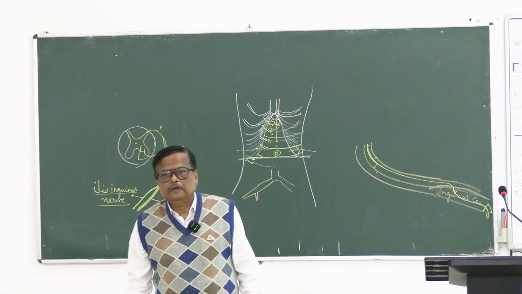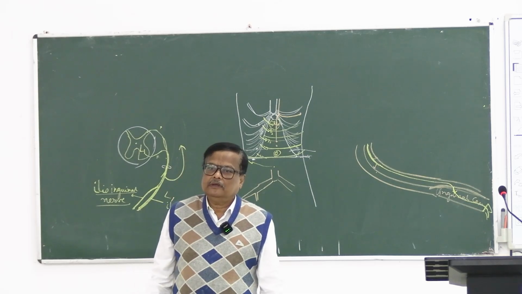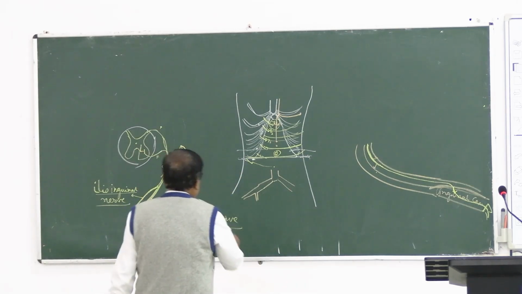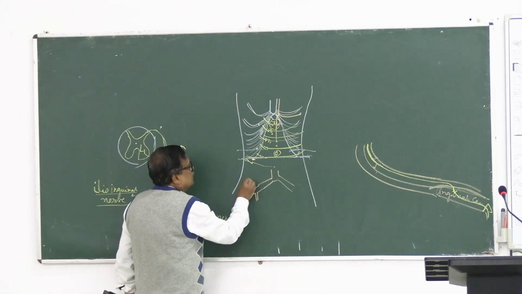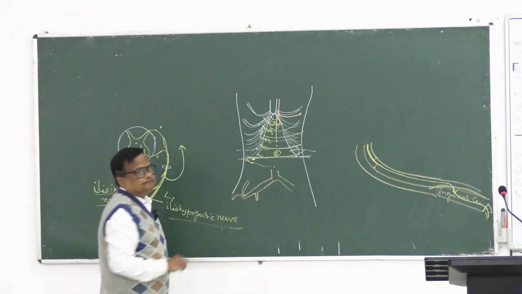Here, internal iliac supplies by its branches the pelvis and the perineal region. But external iliac artery gives a branch known as the inferior epigastric artery and deep circumflex iliac artery.